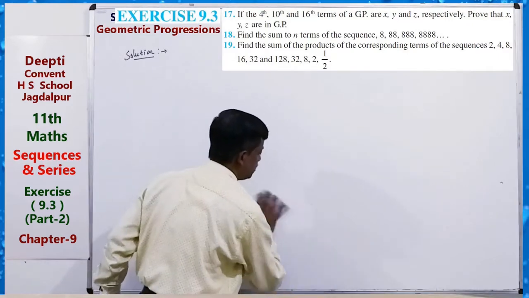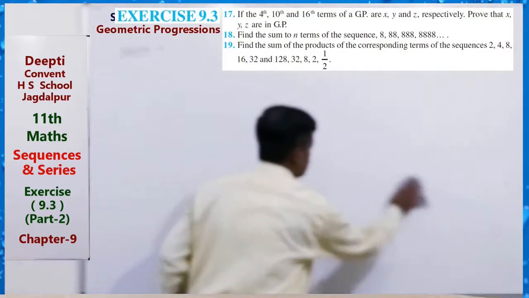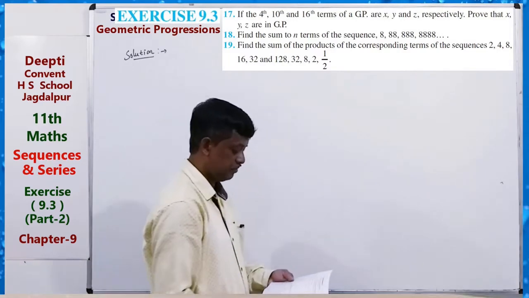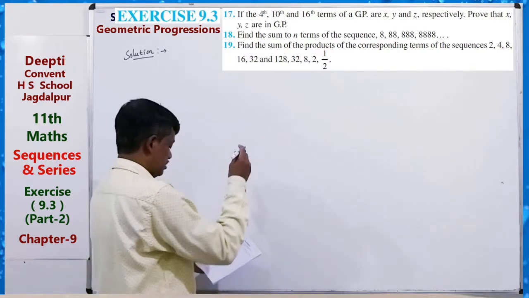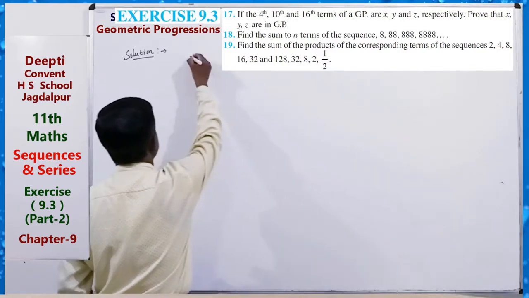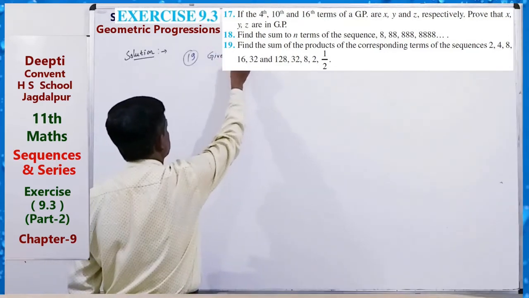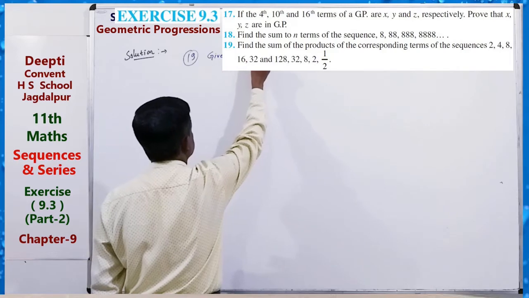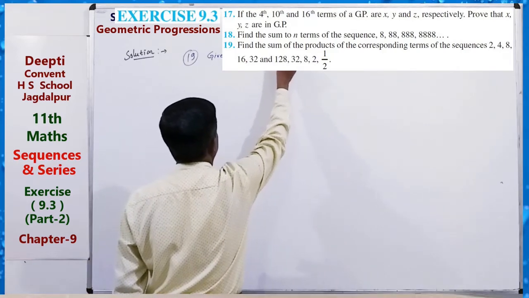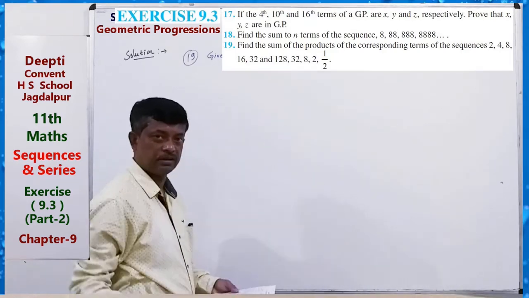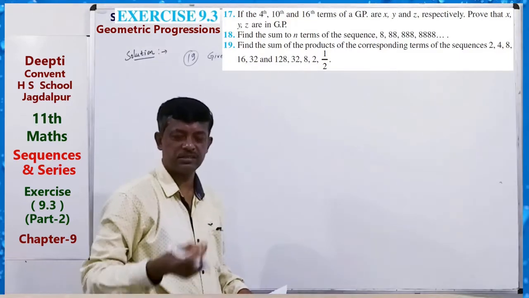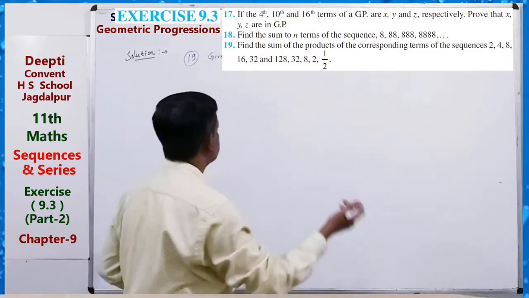We have to find the sum of that sequence. Two sequences are given, and we have to find the sum of the products of their corresponding terms.